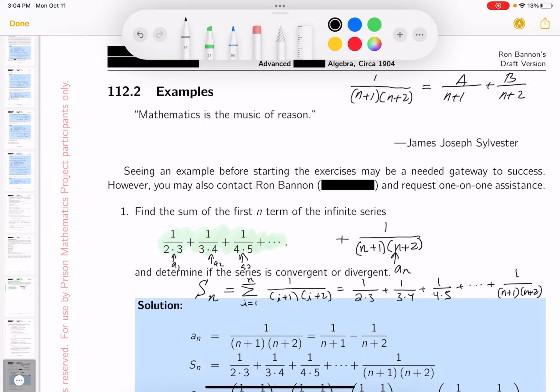What did we do last time? We multiplied both sides by the LCD. 1 equals a times n plus 2 plus b times n plus 1. And then we picked easy numbers. So n equals minus 1 is an easy number. What would you get? 1, that's never going to change. And then you just get a. So now I know a is 1.